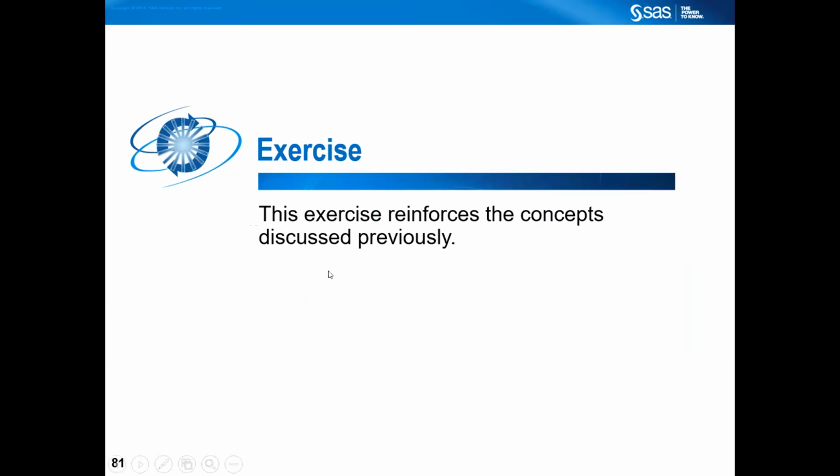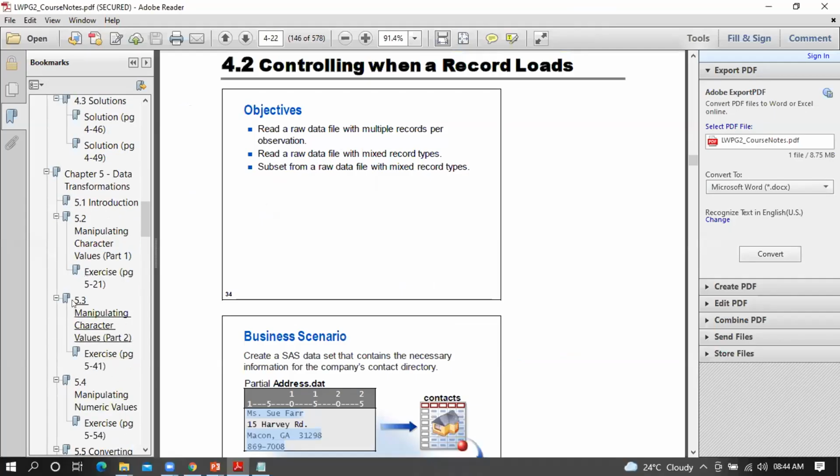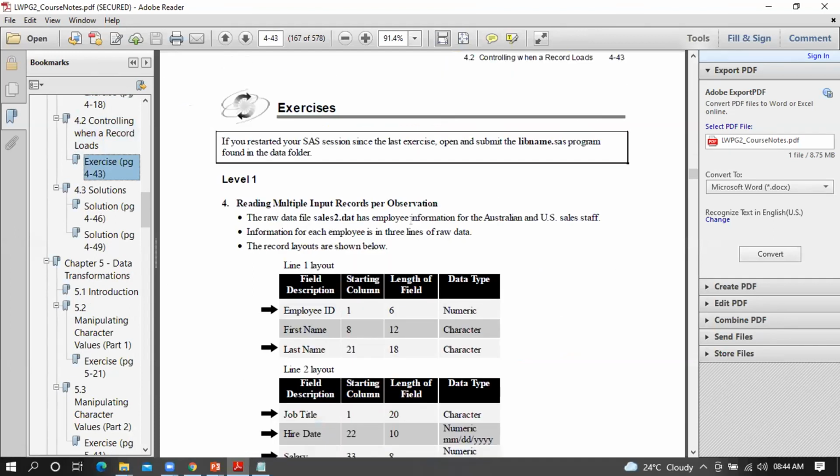So let's have a discussion on the exercise and we can start. It's on the page starting the exercise level 1 for this 4-44. It's reading multiple input records per observation.